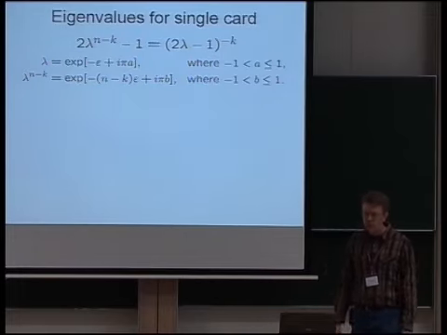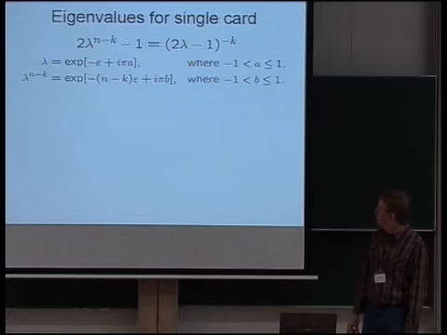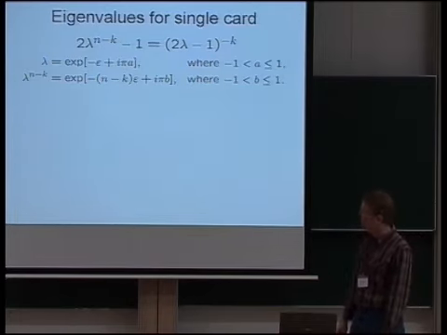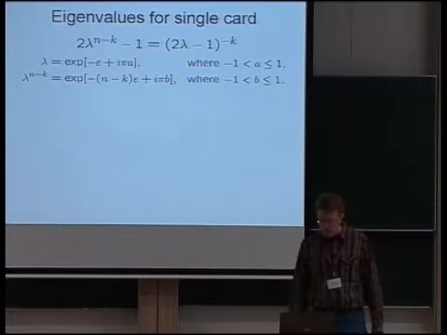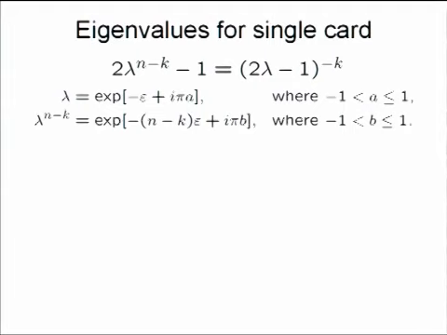Okay, so if we focus our attention on eigenvalues that are close to 1, we can think about doing series expansions. Let lambda equal e to the minus epsilon plus i pi a, and a similar expansion for lambda to the n minus k.